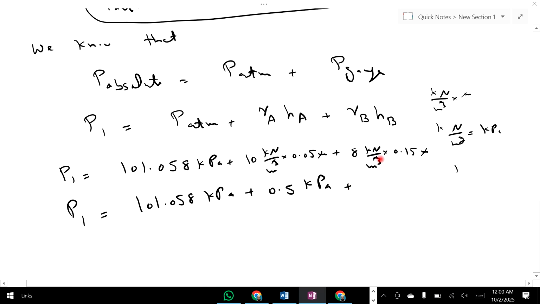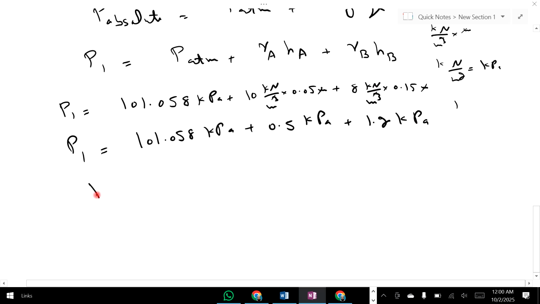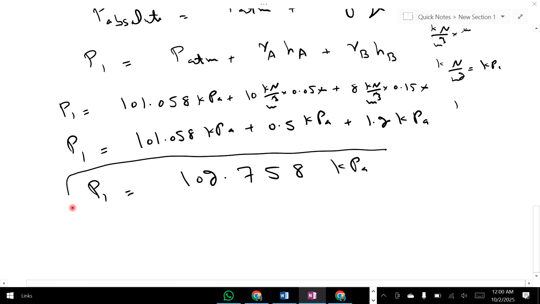Plus 8 multiplied by 0.15 is 1.2 kilopascal. So P1, which is P absolute, is the sum of these three values, which is equal to 102.758 kilopascal. So absolute pressure is 102.758 kilopascal, and this is the final answer.